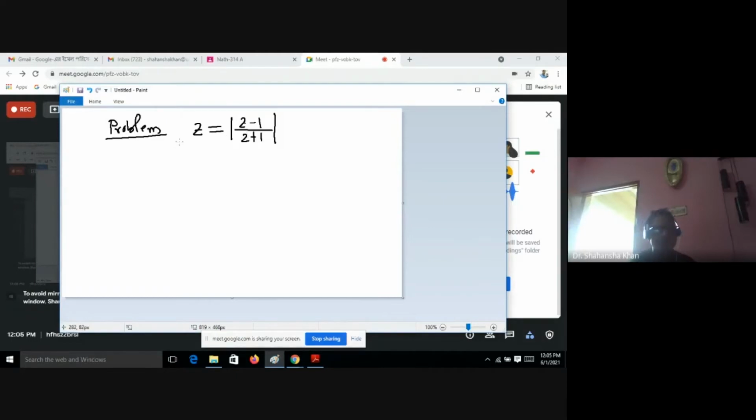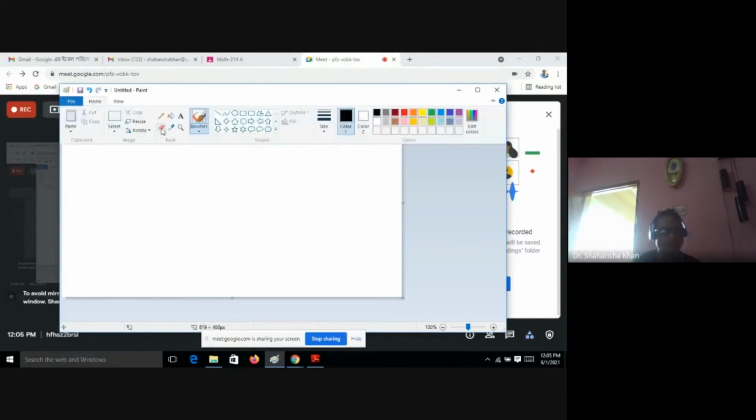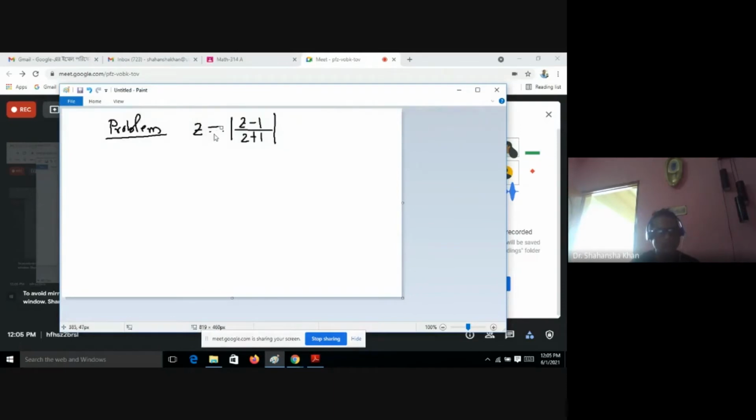Just one minute, please. Where z equals x plus iy. I solve this step by step. Everybody, take your khata and pen and solve this.